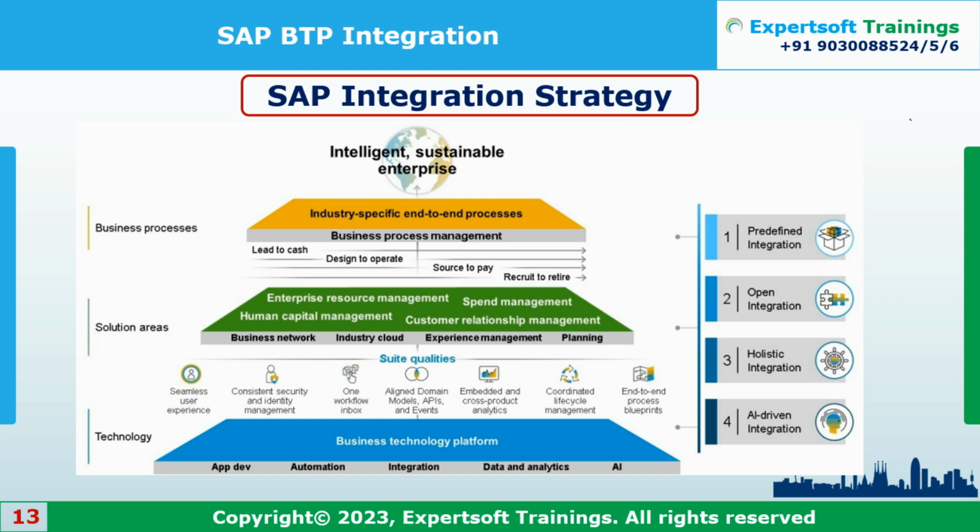Holistic integrations means you can create integrations the way graphs work. So in that way, holistic integration will also work. And AI-driven integration is nothing but integration advisory: how the integration advisory can bring the message mapping guidelines without any human intervention.